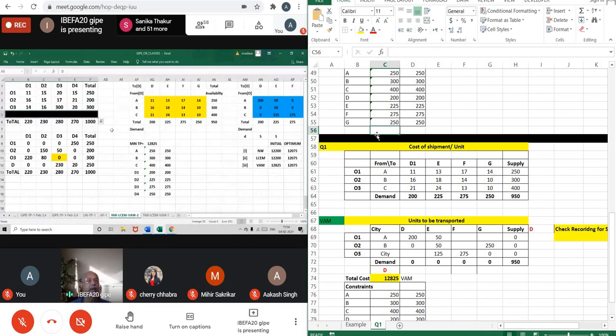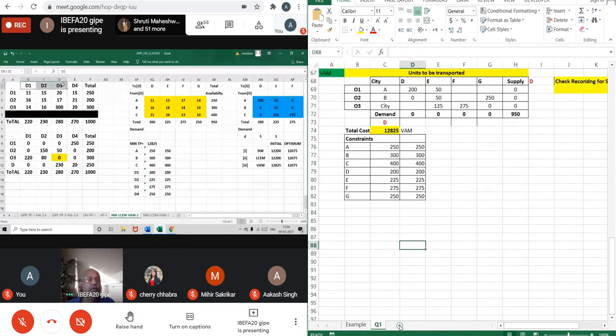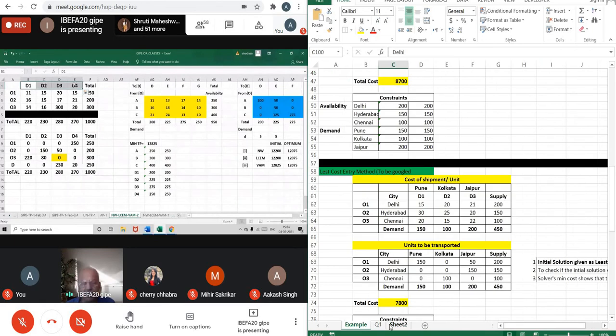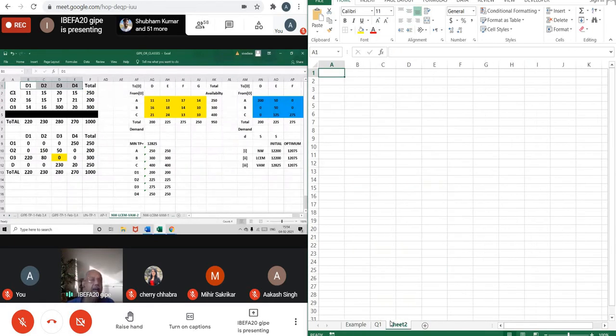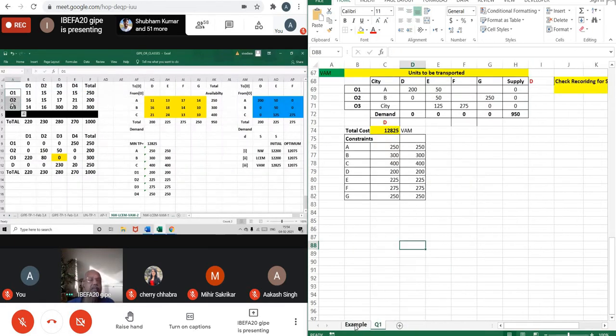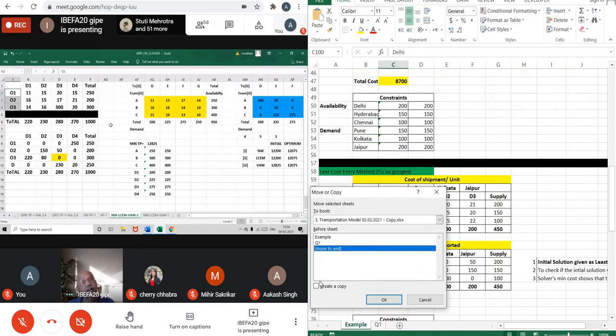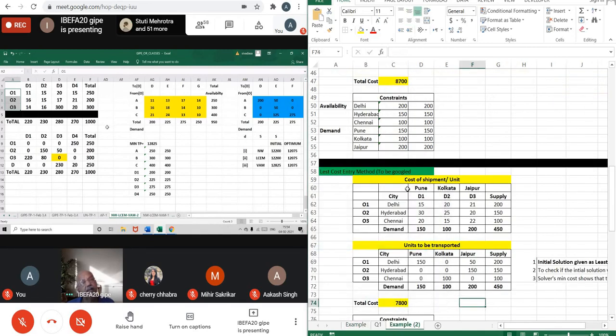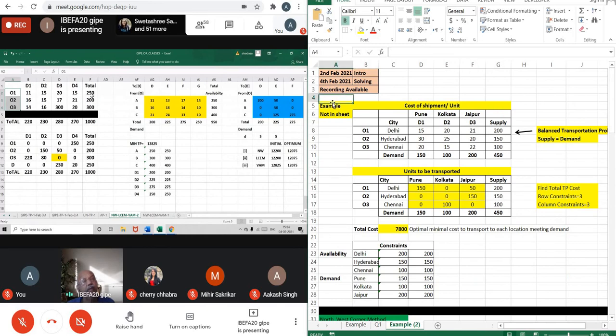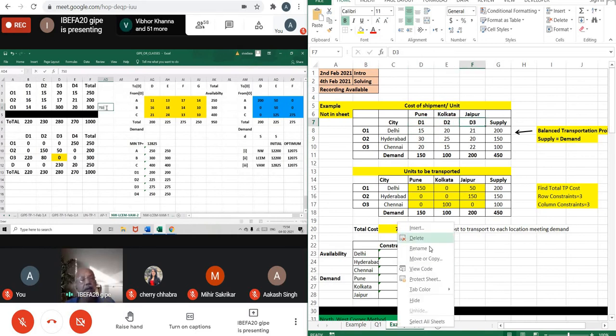Look on the screen. Four distribution centers, and three origins. 250, 200 and 300. 750 units are available.